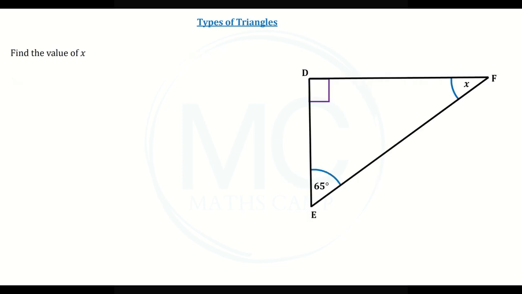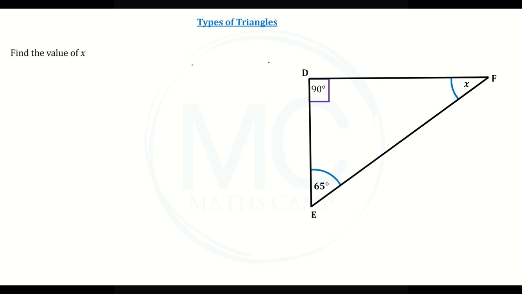Find the value of x. Now we know that the square angle at D up here shows us this is a 90-degree angle. So let's put 90 degrees in here. We know the sum of the interior angles of a triangle is 180 degrees. So let's add these up.